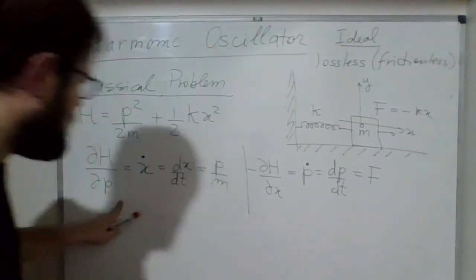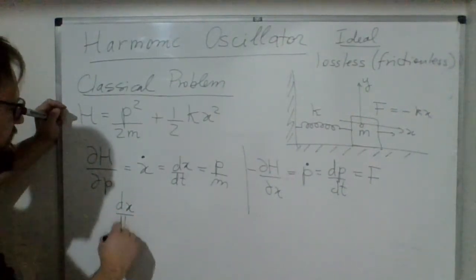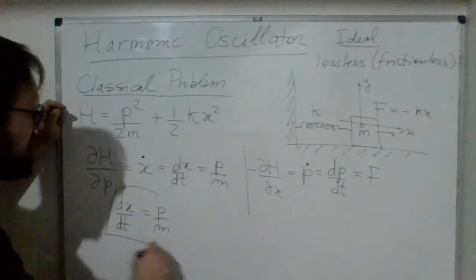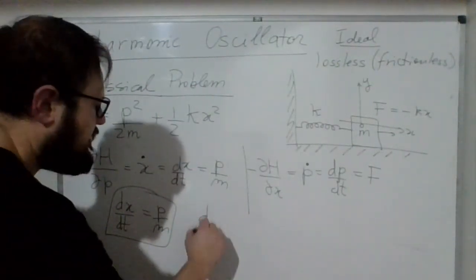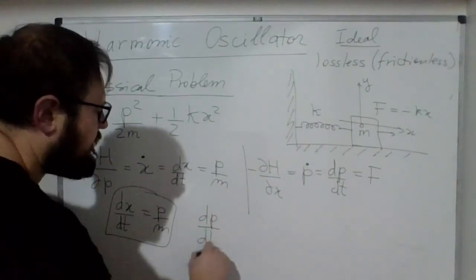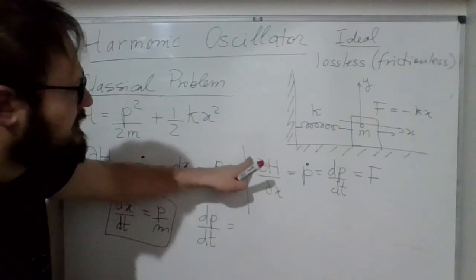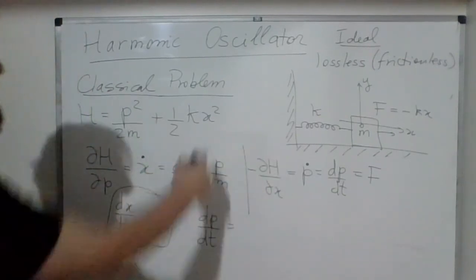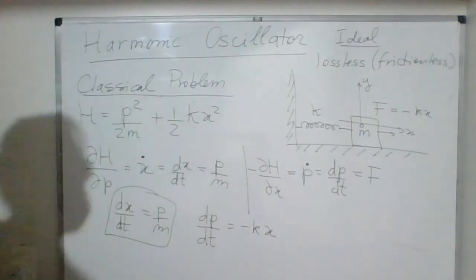So if you calculate here, you'll find dx/dt is equal to p over m. This is the first equation in the classical problem, and the second equation is the time derivative of momentum, which corresponds to the negative of dH/dx, and in this case you'll find minus k times x.